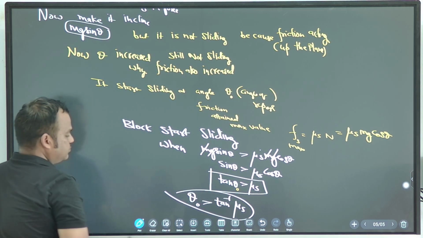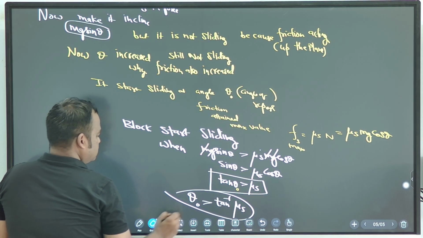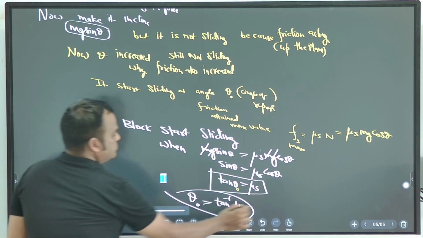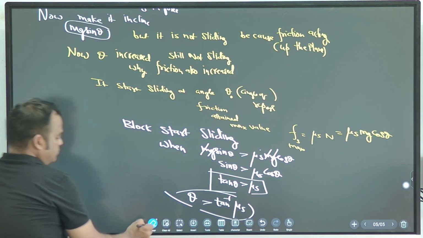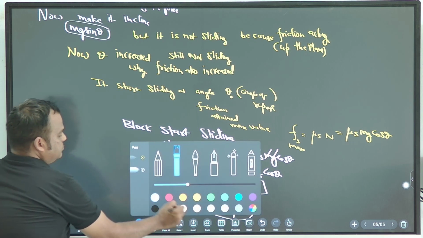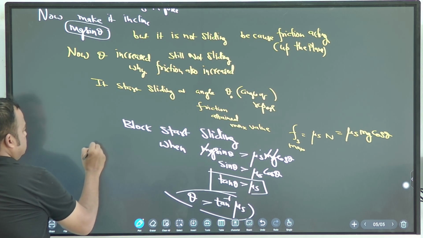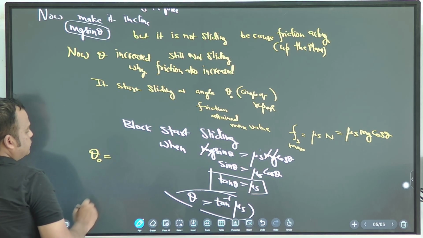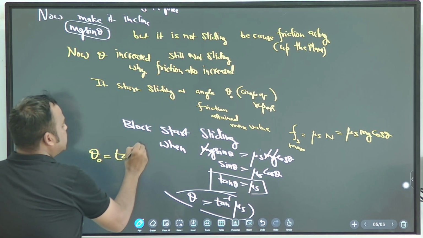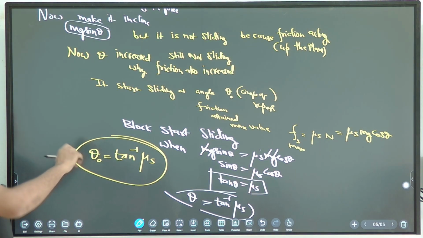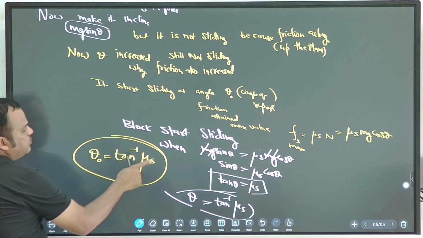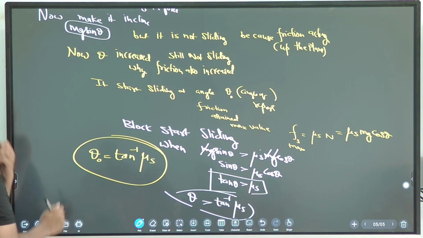Clear? Angle of repose is tan inverse mu s. Note down. What is the formula for angle of repose? Tan inverse mu s.